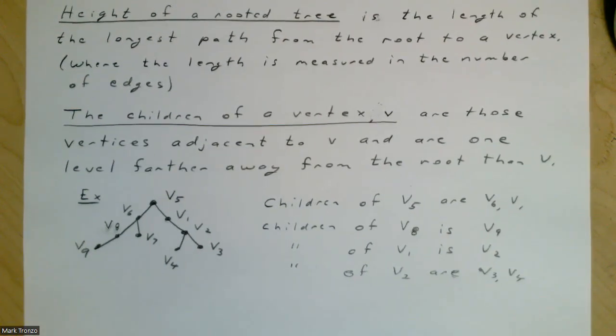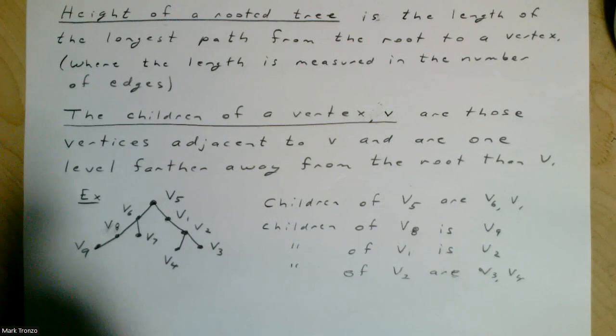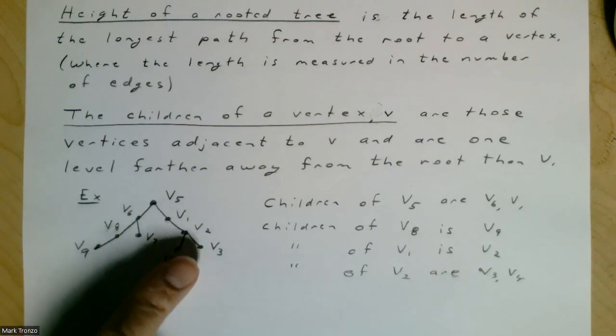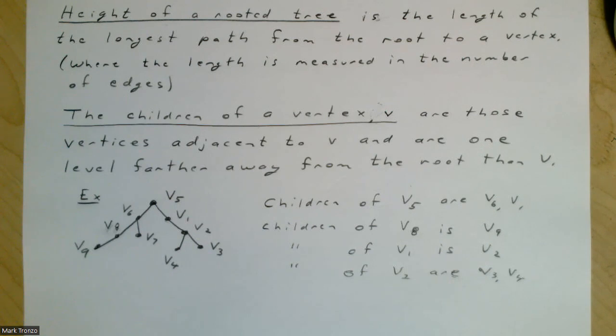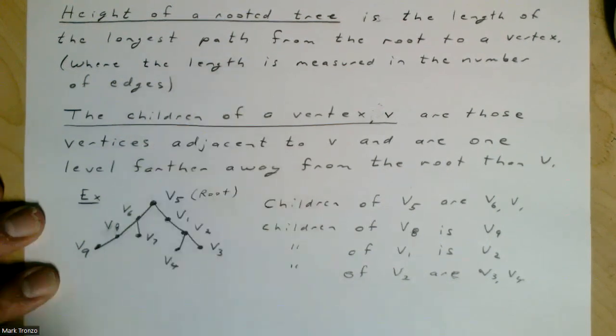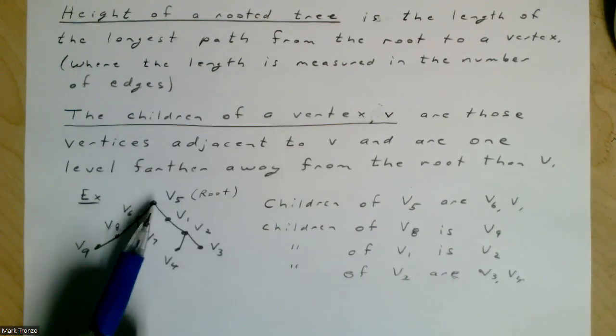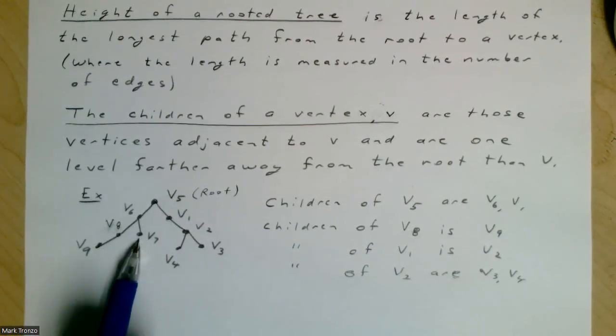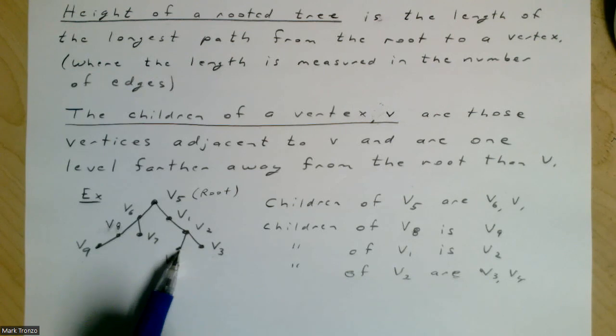Once again, just look at V2 and see the ones right below it, just one away, but farther away from the root. So we've designated V5, which I should have marked here, as the root. And you can look at any one. Now V9 has no children, and V7, V4, V3 have none either, but the others do.